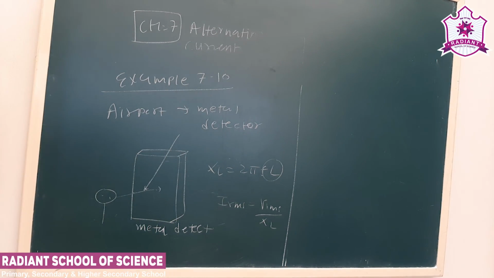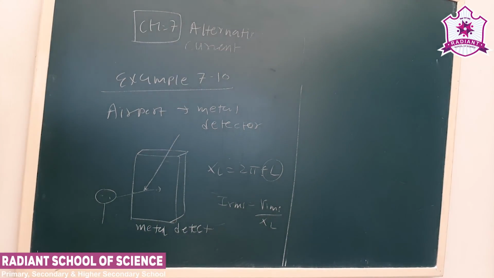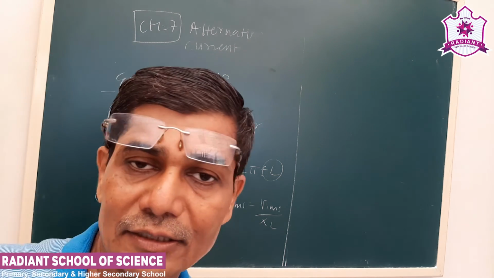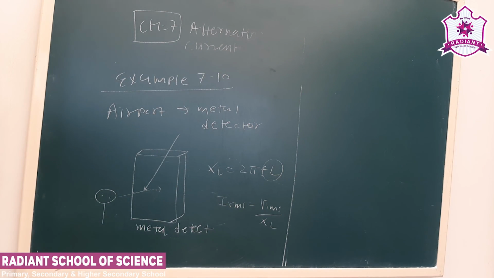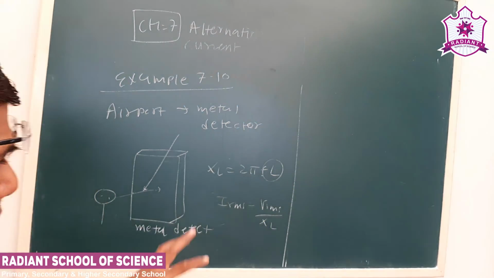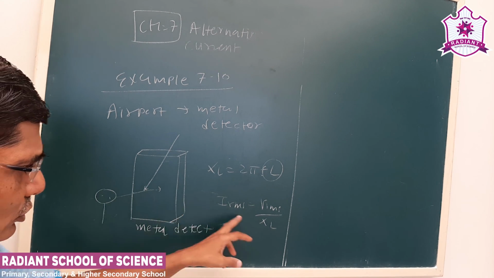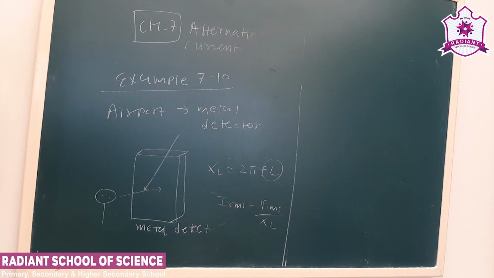So due to the metallic material, the inductance, that is the inductive reactance, changes because of the change in the inductance of the circuit; there is an electronic circuit. You can check. So this inductive reactance will change, and as a consequence, the current will change.